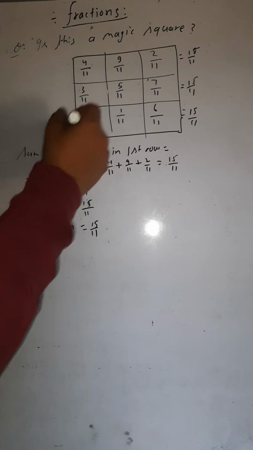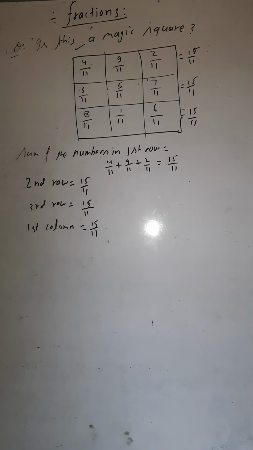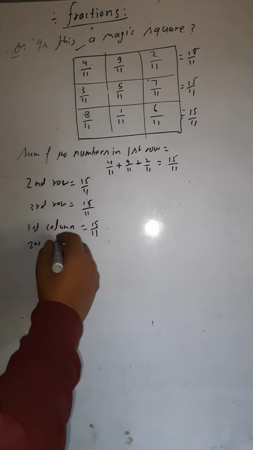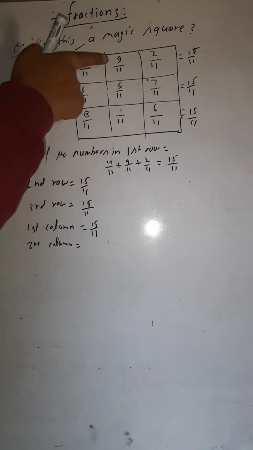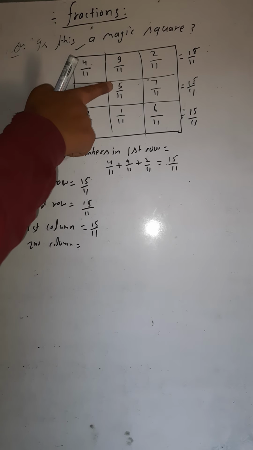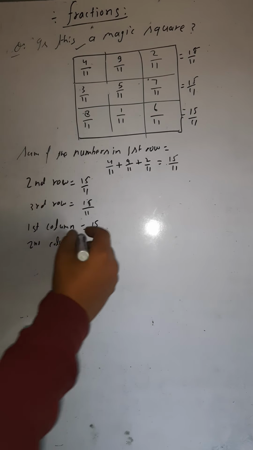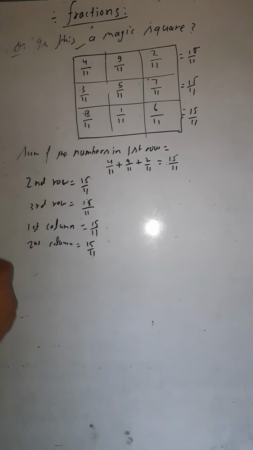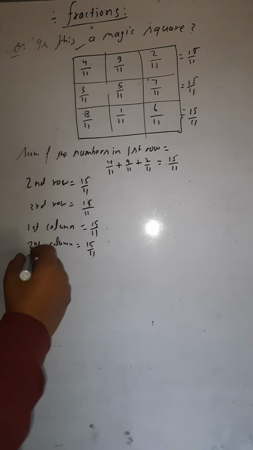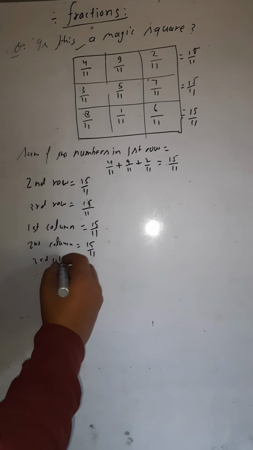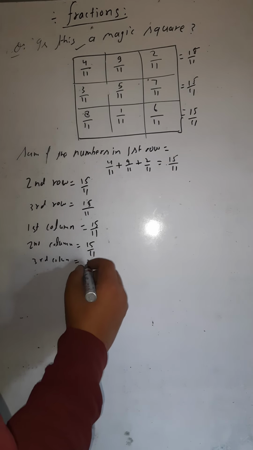This is the first column and it is coming 15 by 11. Now the second column: add all the numerators, 9 plus 5 is 14, plus 1 is 15 by 11. Now the third one: 2 plus 7 is 9, plus 6 is 15 by 11. This is also the same.